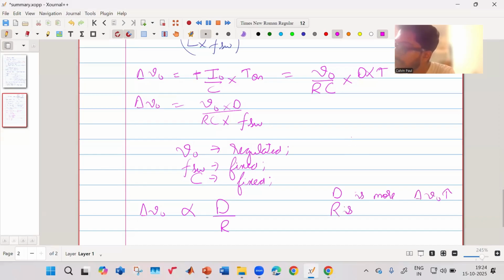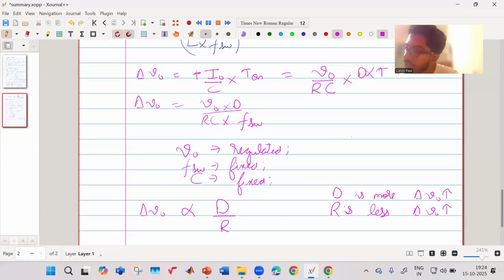If your R is less, then your delta V naught will increase. R is less means what? Your load is more, means your current is more, and your ripple will increase. And if your duty D is more, then also your voltage ripple will increase.